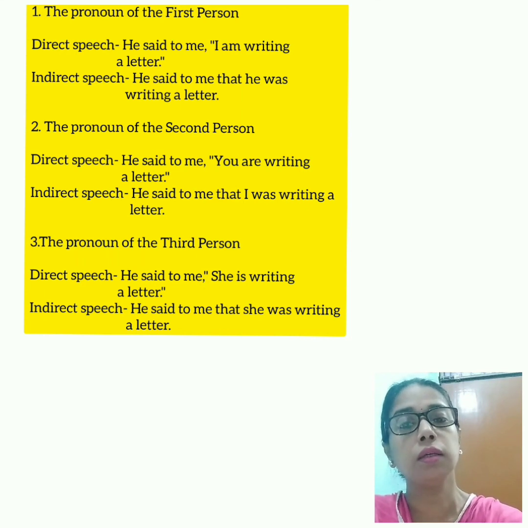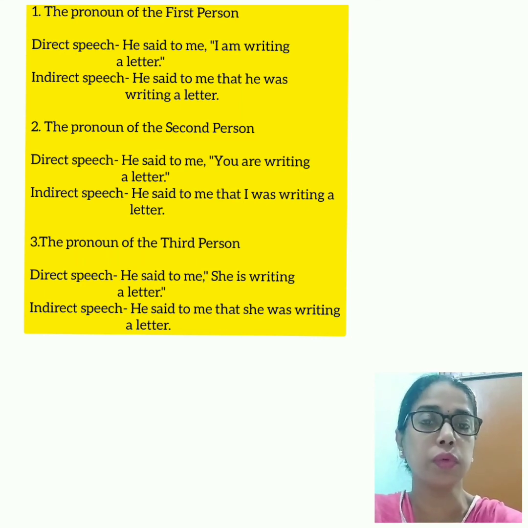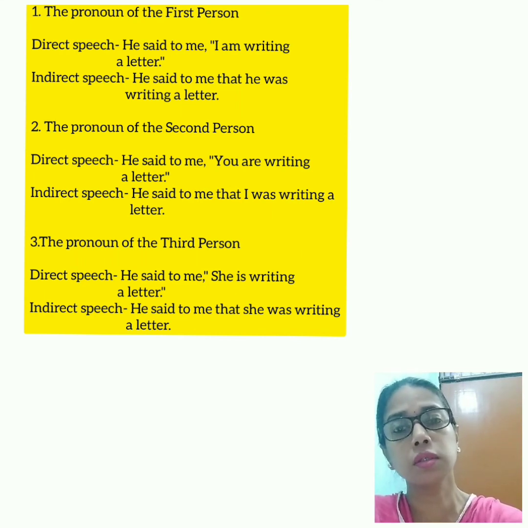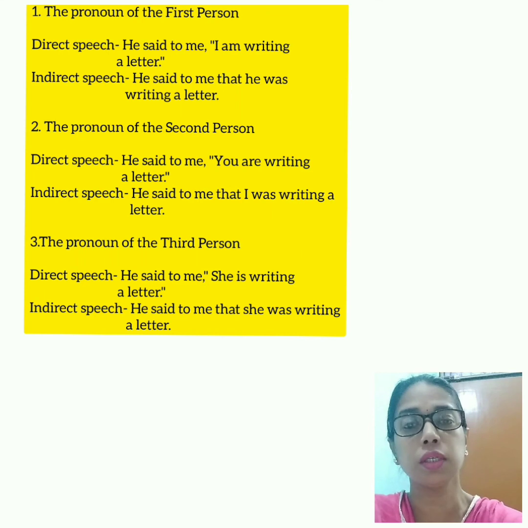And then the rule related to pronouns of the third person is that the third person remains the same. No change will be done, whether it is a third person pronoun, a name, or a noun that has been used.